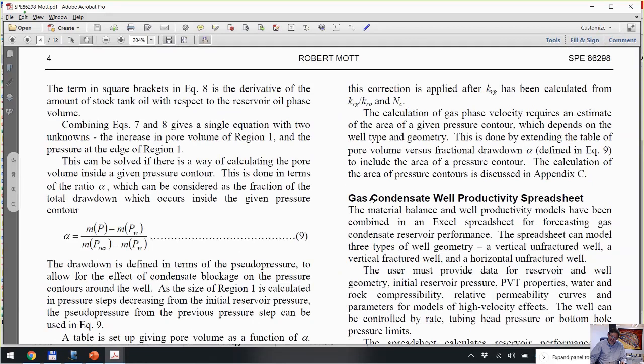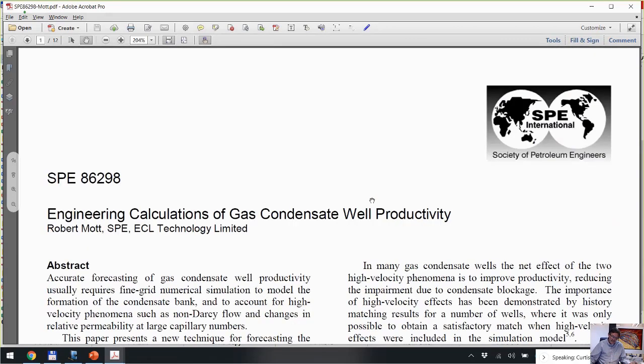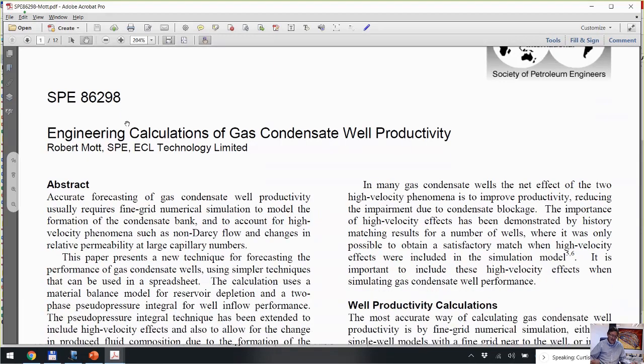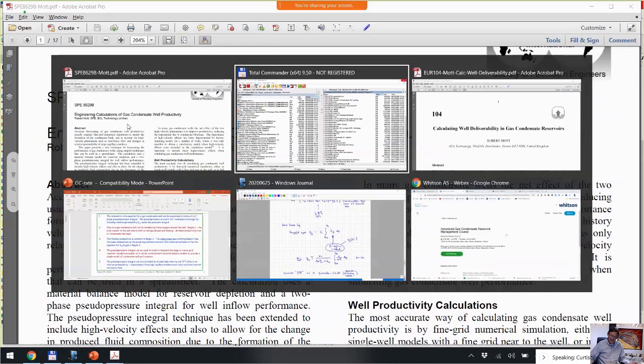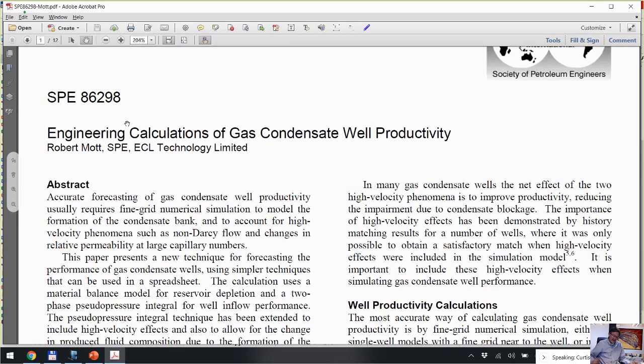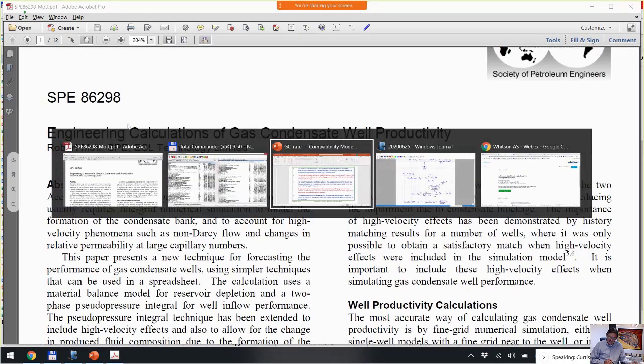Yeah. So if you wanted to try to use this, this is paper 86298, where I think he tries to treat this region 2 approximately. So that's 86298.